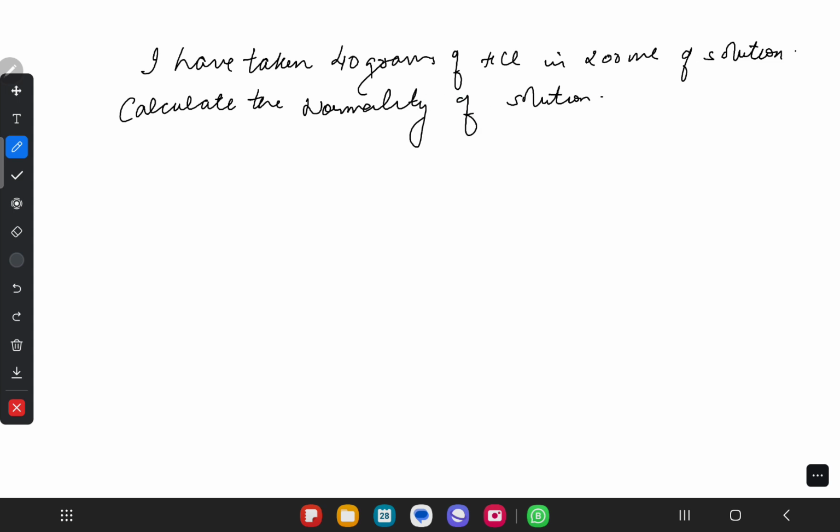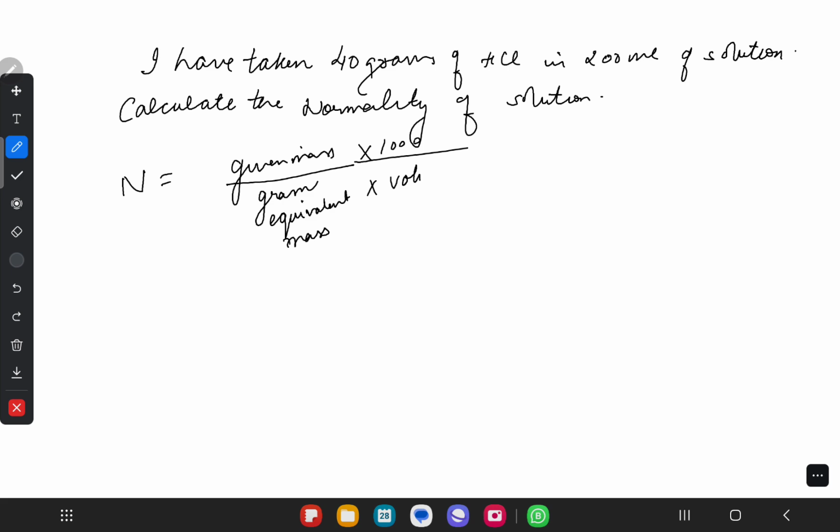So how do you put it? First you calculate what? You know normality is given mass upon equivalent mass into 1000 into volume of solution in milliliters. Are you understanding? Yes.